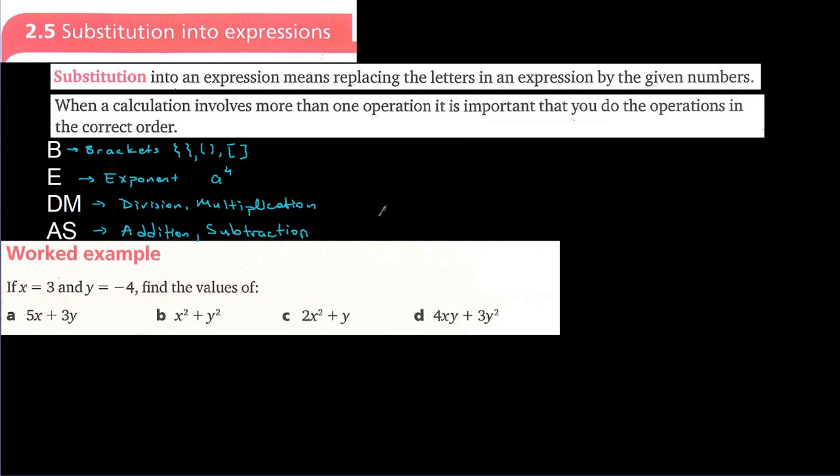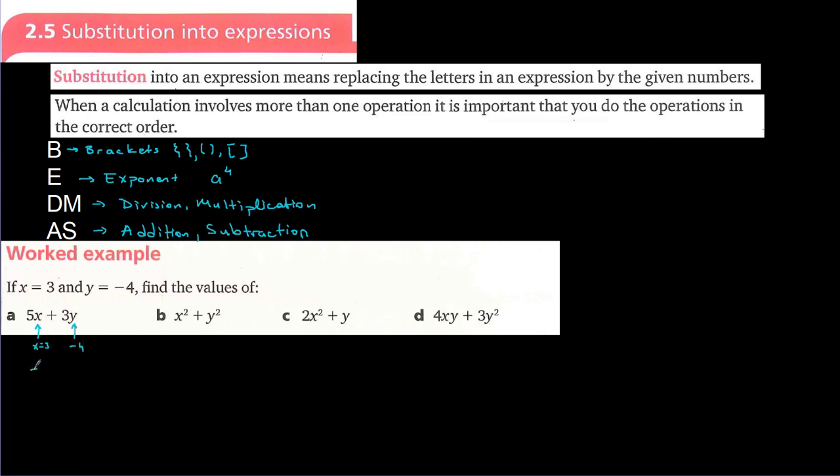Okay, how to substitute the variables with the values here. If it is given x is equal to 3 and y is equal to -4, you are going to substitute the values here. X is equal to 3, you are going to write here, and y is equal to -4, you are going to write here.